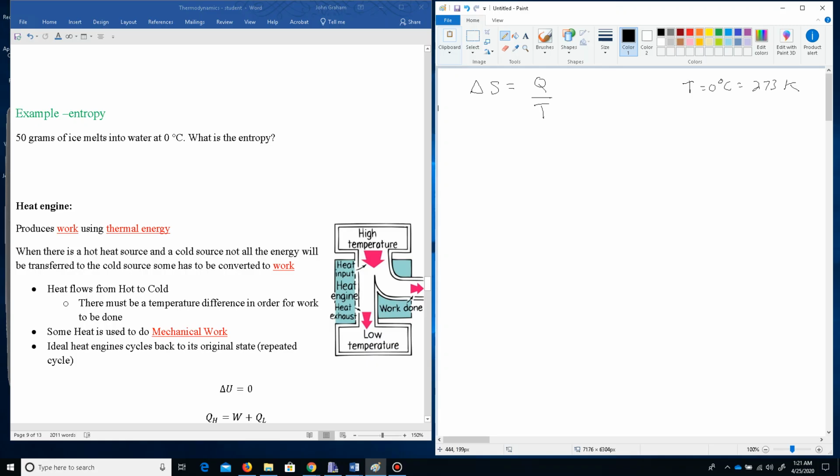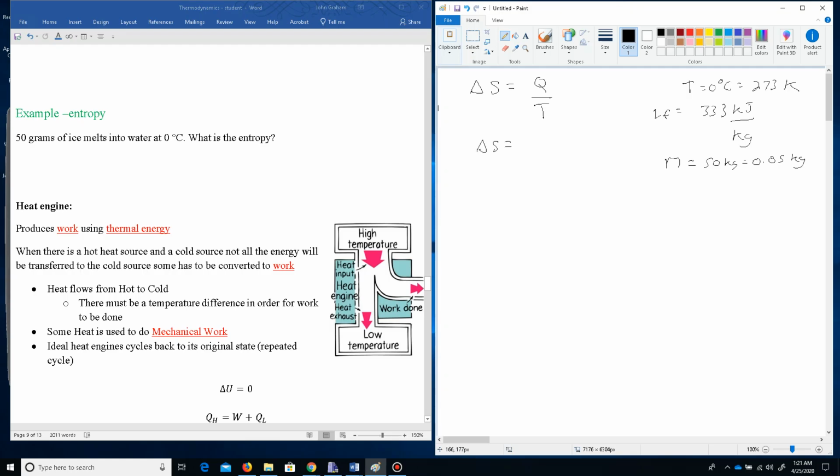And 50 grams of ice, so we need the latent heat of fusion for ice, which is 333 kilojoules per kilogram. Again, this is in a table. And then the mass is 50 grams, which is equal to 0.05 kilograms.